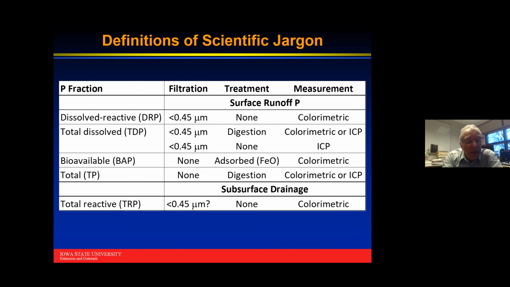There's no difference. Now, people working on surface drainage, tile drainage and other things often measure something that is called total reactive P. I put a question mark in the filter because most people filter and then use the colorimetric Murphy and Riley method, but others, because in surface drainage often there is not much sediment at all, don't filter.